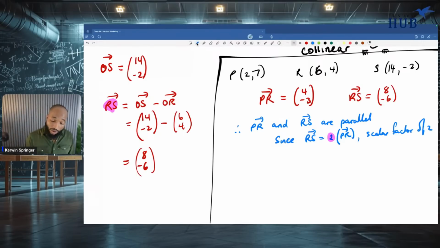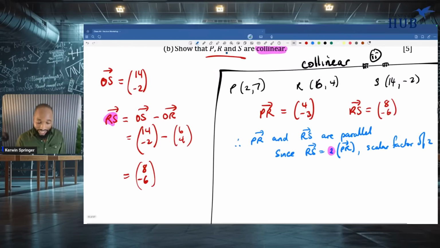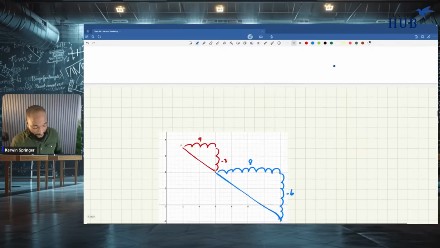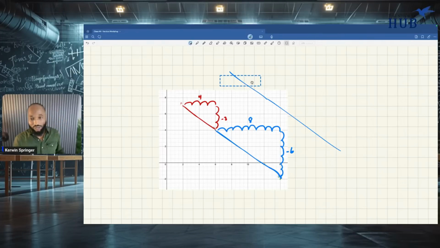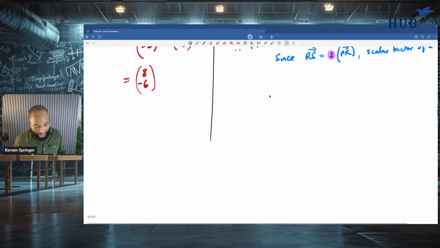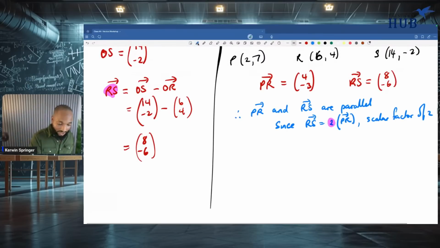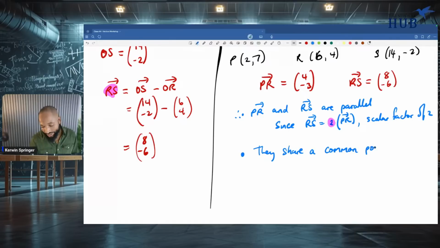But there's something extra. We would only get 1 mark. This is actually saying that they are collinear. We only showed that they are parallel, meaning they run the same direction. But collinear means they actually line up on the same line. Well, it's very simple to show that they're on the same line. Why are they on the same line? They share a common point.